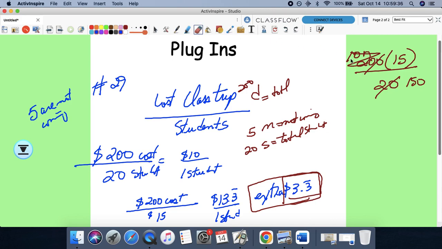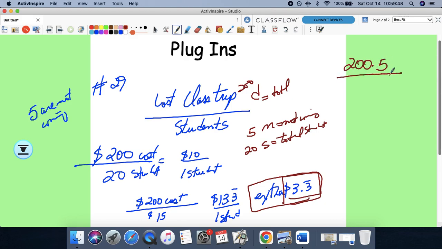So it has to be D. There's no have to anymore. 200 times the number of kids, N, who are not coming. Over S, the number of kids that are supposed to come, and times the number of kids S minus N is 15.